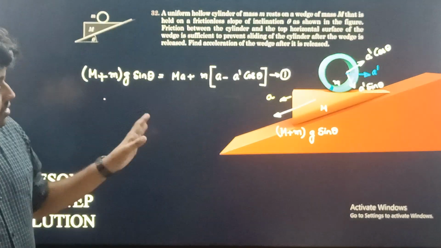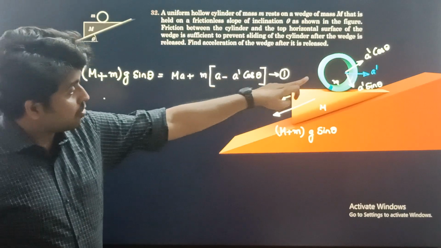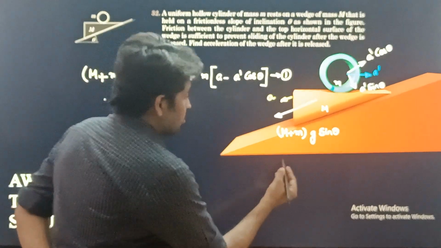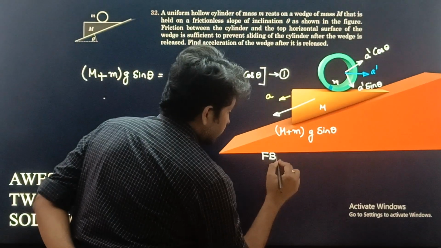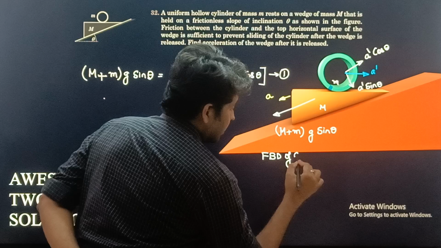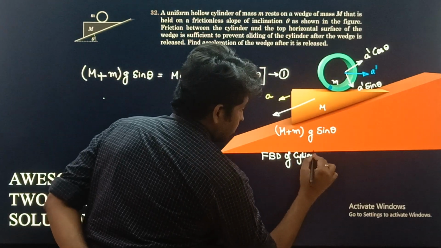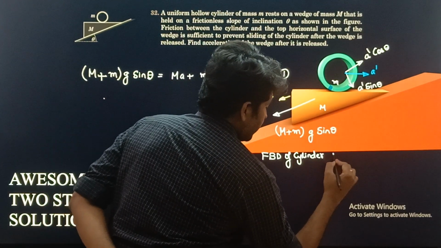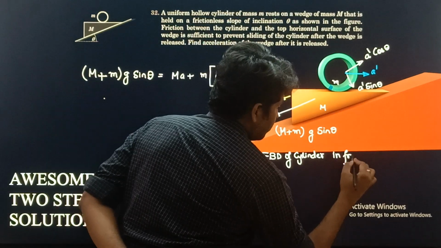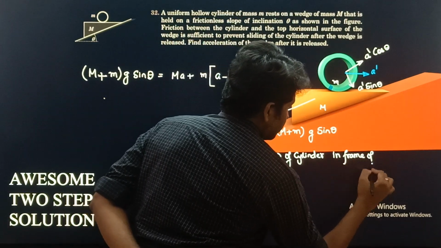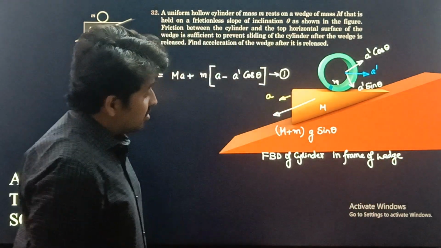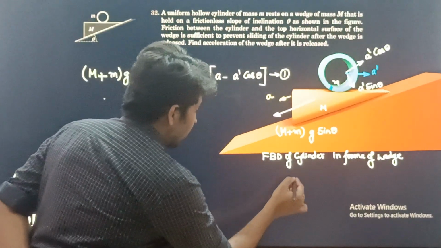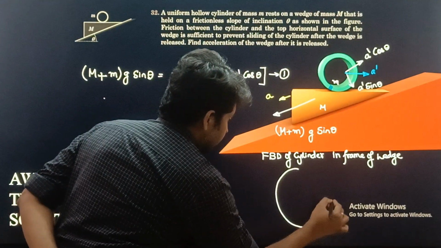Let us move on to the second equation for the cylinder. I'm going to write here FBD of cylinder in frame of wedge. So let us draw the cylinder.